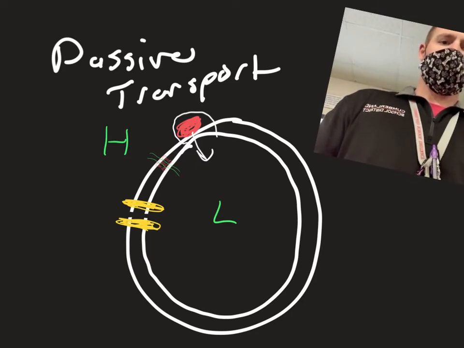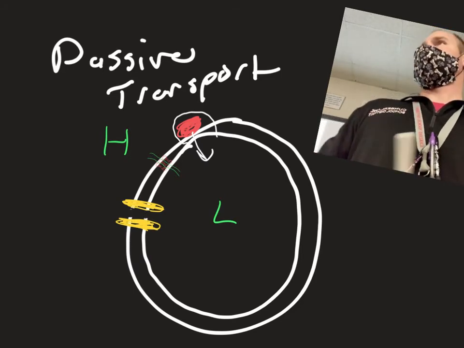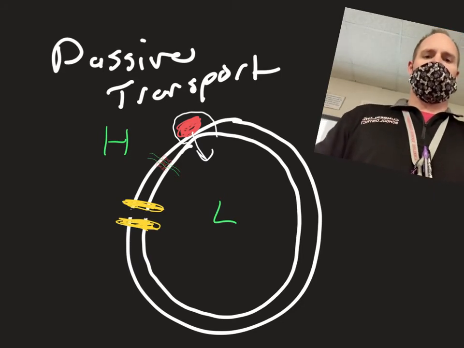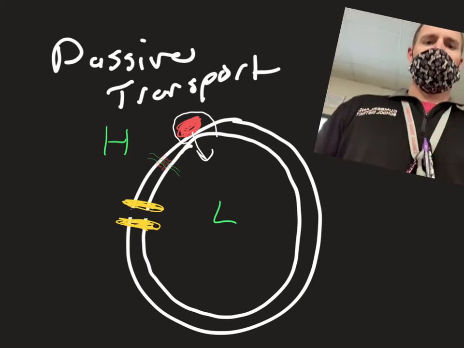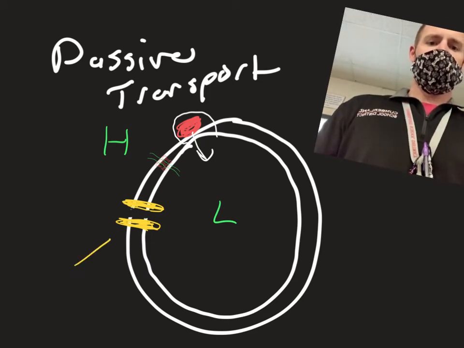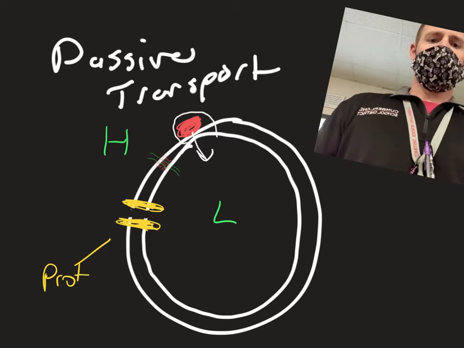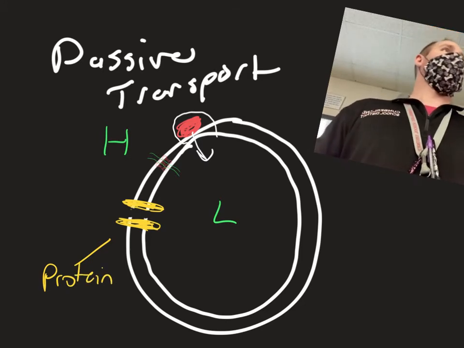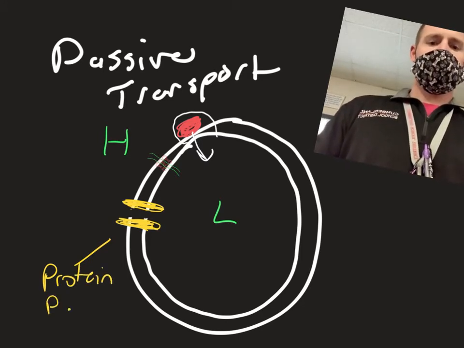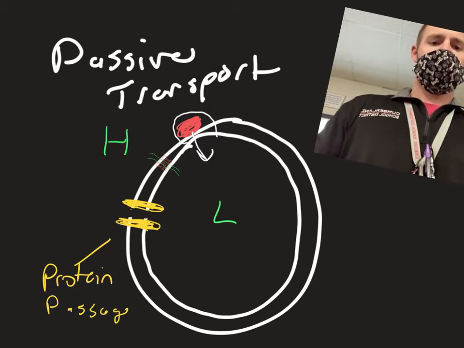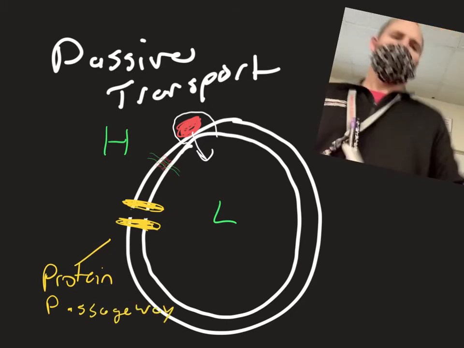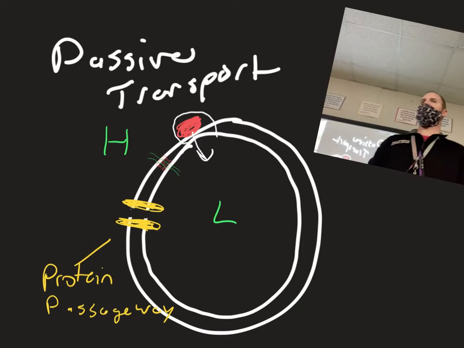The proteins, right, Seth? The protein passageway, that's right. Everybody remember that now? Yep, so these are proteins, and we call those protein passageways. Okay, right, everybody's golden with this?